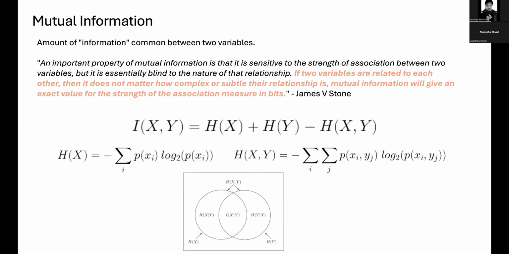The mathematical formula for calculating mutual information is given as this one, where H of x is called the entropy or uncertainty in variable x, and H of x comma y is the entropy associated with the joint probability distribution of x and y.